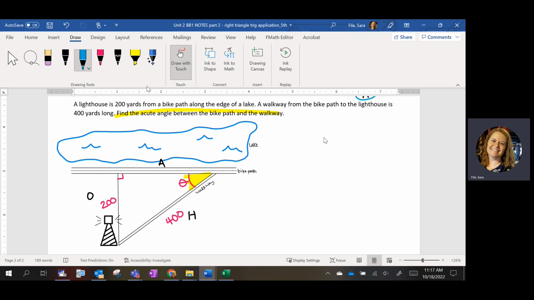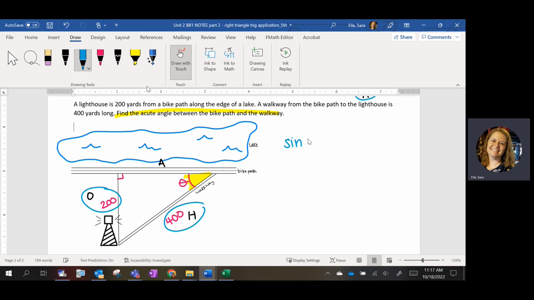What trig function am I going to use to solve for theta here? Sine, because I know opposite and hypotenuse. I can't use adjacent because the angle is already unknown. I can't have two unknown pieces, only one unknown.